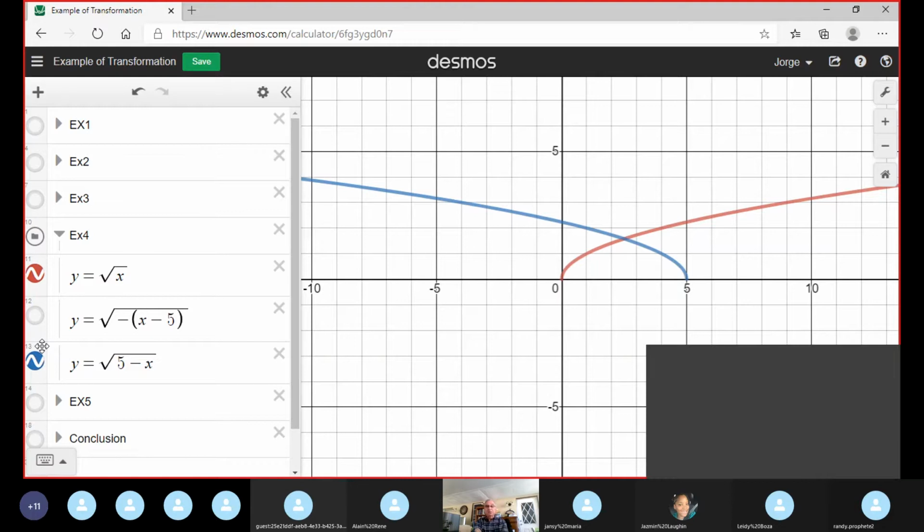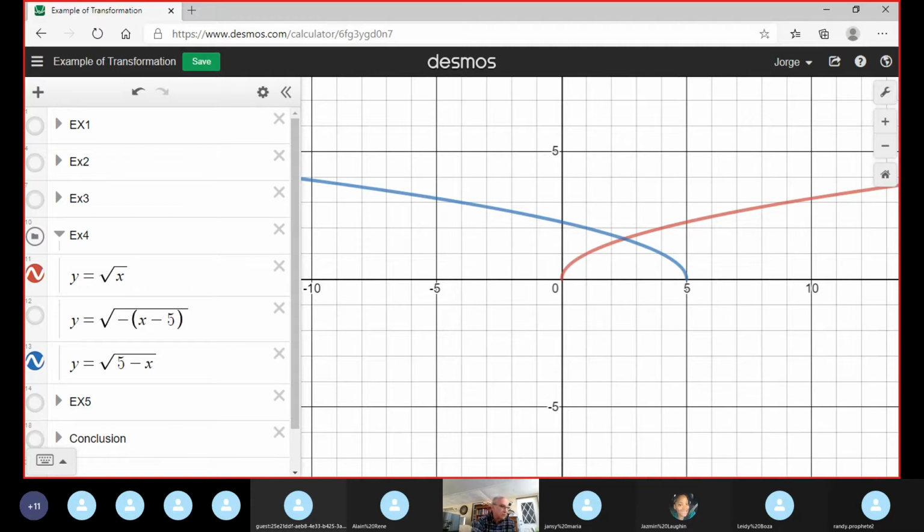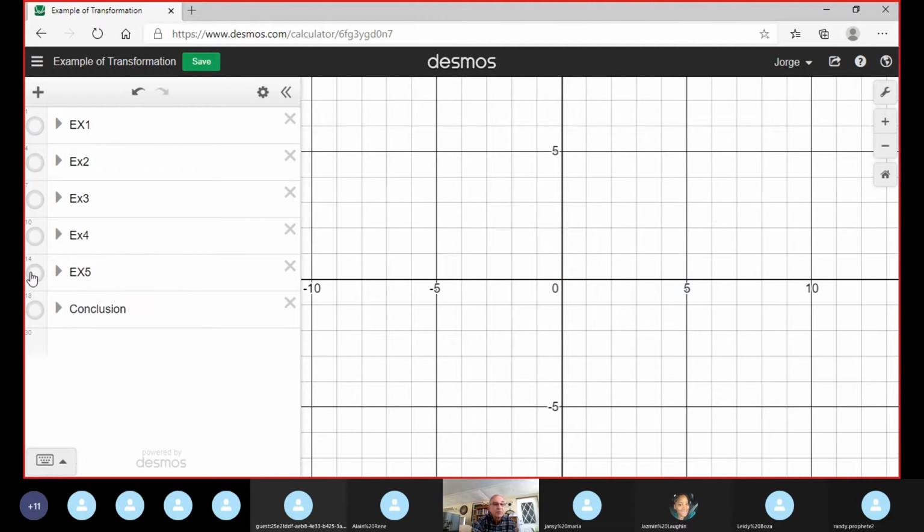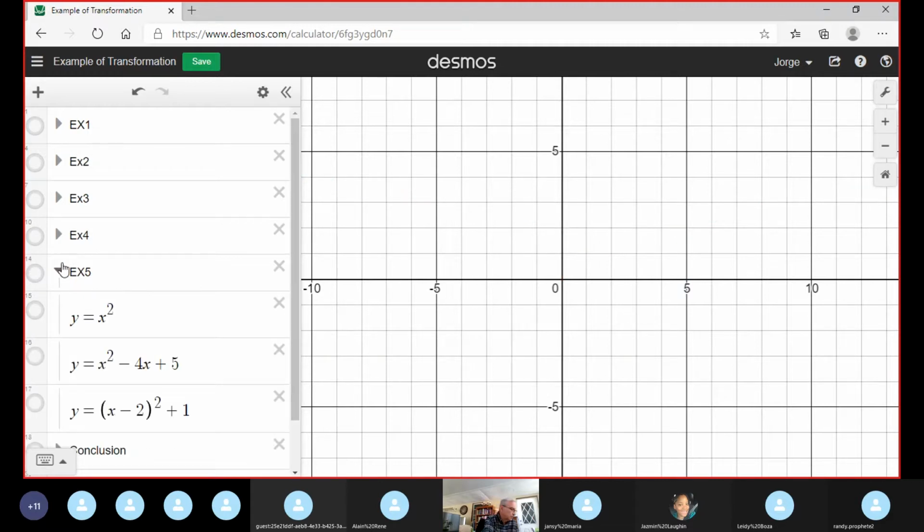So I bring this example to illustrate that it is not always easy. I bring another more complicated one. Let me go back and see the example number 5. Number 5 is very interesting.